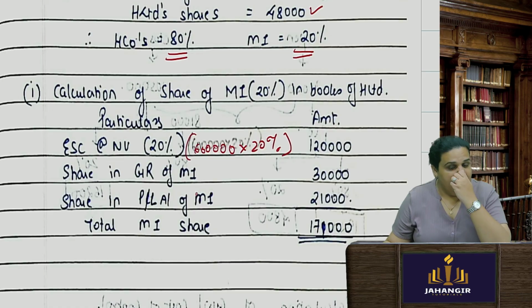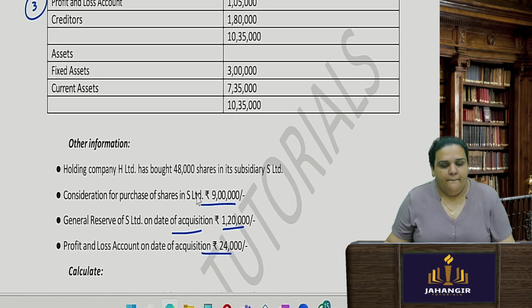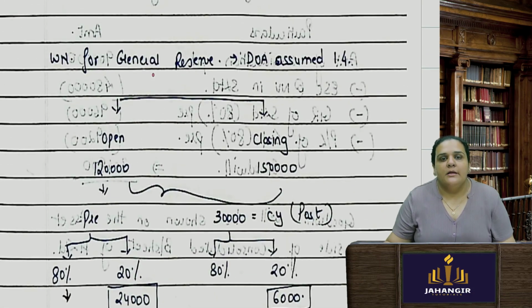Then the share in the general reserve. As on the date of acquisition it was 1,20,000 and closing is 1,50,000. See here, working note for general reserve. The date is assumed to be the first date of the year, 1st of April.